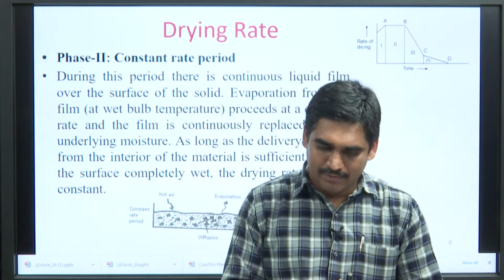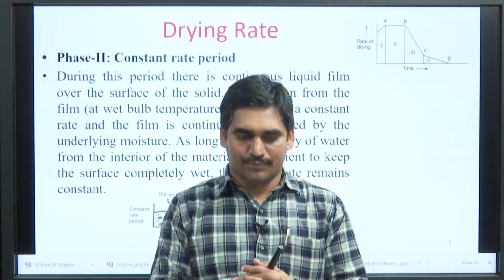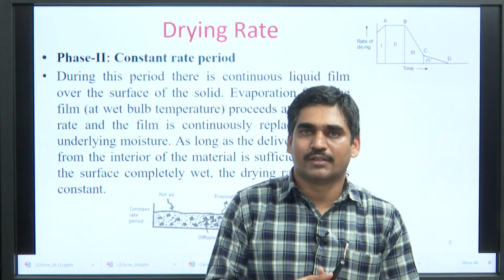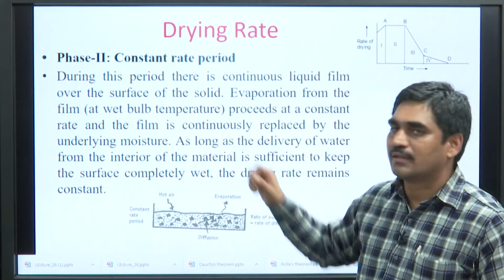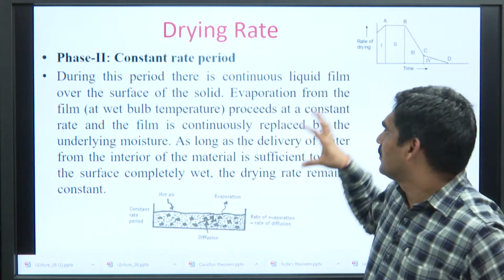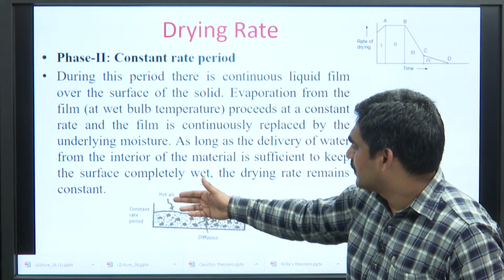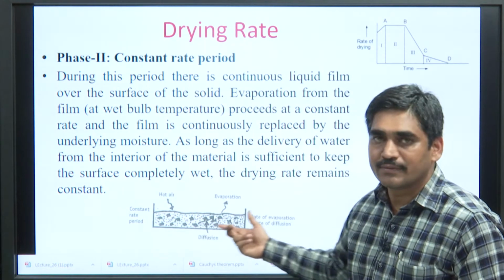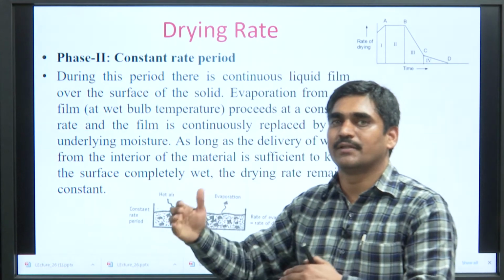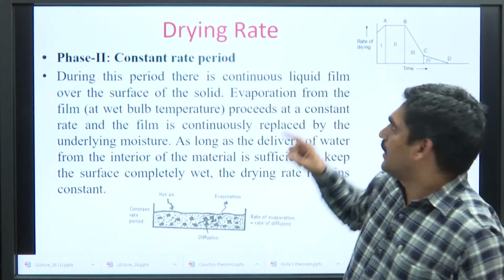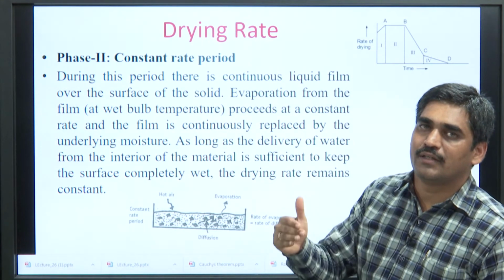So, during this period, a continuous liquid film forms over the surface of the solid. Evaporation from the film proceeds at a constant rate and the film is continuously replaced by the underlying moisture. That means the moisture present in this material replaces the film formed over the surface, and this process continues for some period of time. That period is the AB segment, the constant rate period.